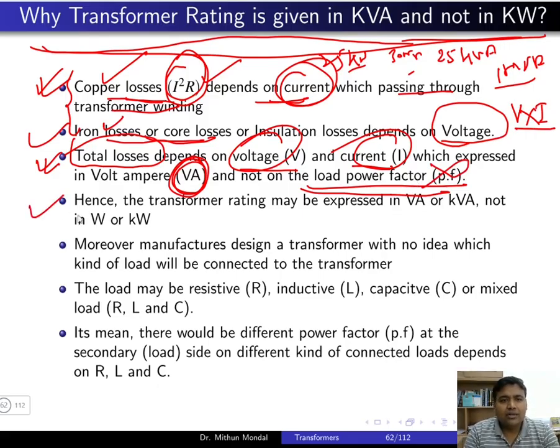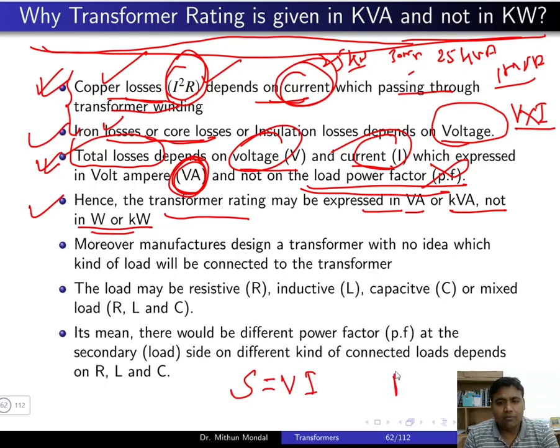Hence, we can summarize that the transformer rating may be expressed in volt ampere or kVA and not in watt or kilowatt, because the complex power is equal to VI, whereas the real power is equal to VI cos phi. Here the unit is kilowatt and here the unit is kVA.